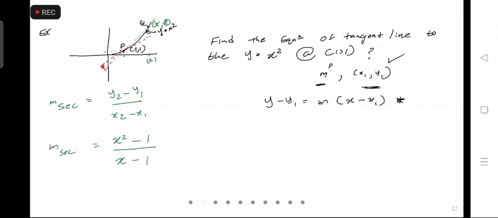Can you understand up to this? This is not a new thing. You find the gradient of the secant line. How? If you know the coordinates, the x and y values of those two points, you can simply find the gradient. That's very O-level mathematics I used here.